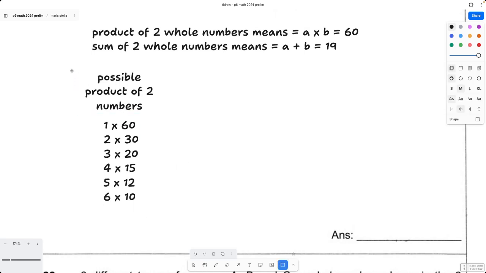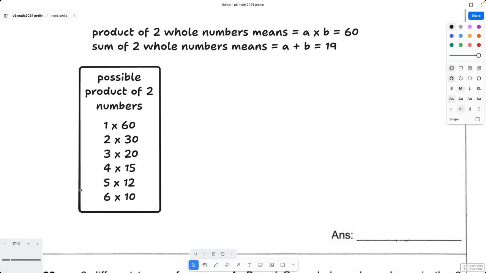Okay, these are the possible products of two numbers.